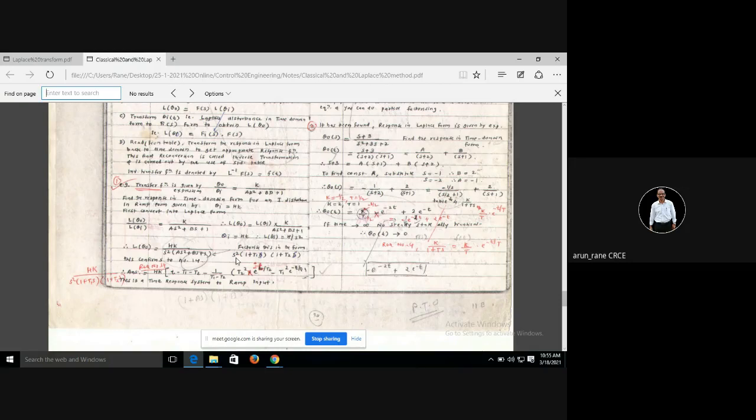So how to bring it into time domain form? Either I will go by the definition of the Laplace, or I will use the standard table. So in the standard table, this is s square into 1 plus t1s into 1 plus t2s. This is not b. In the standard table it conforms to rule number 14.